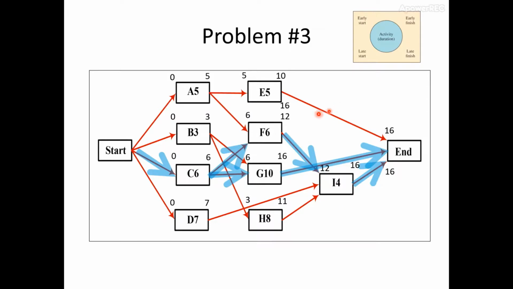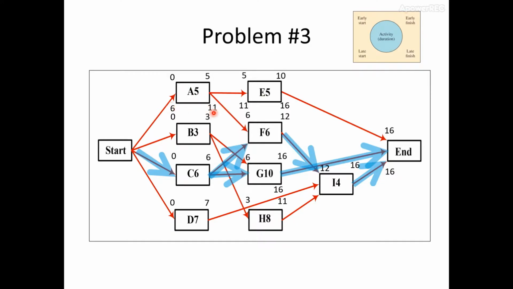So for activity E, late finish is 16 since the earliest time to complete the whole project is 16 weeks. For activity A, late finish is 11, right before activity E, and then late start is 6, 11 minus 5.